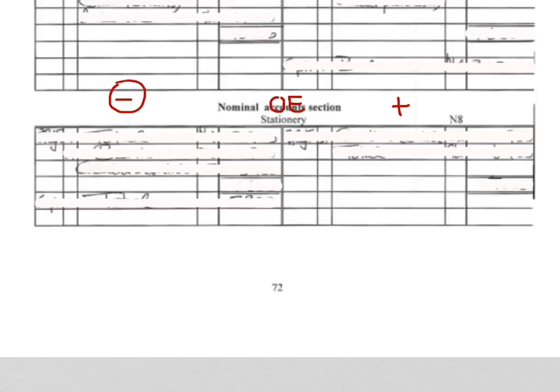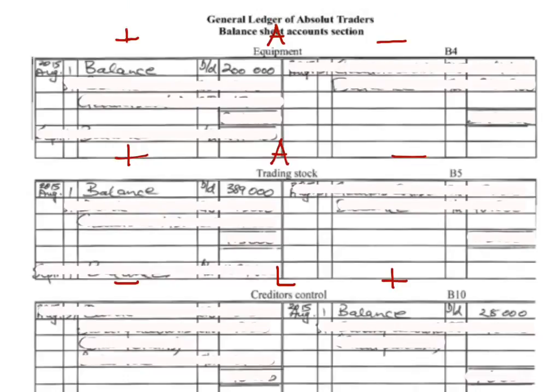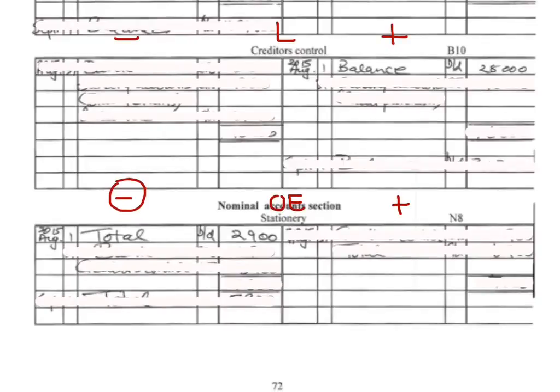Because expenses increase on the debit side, in other words on the negative side of owner's equity, I will say that August 1st has the total brought down of 2,900 on the debit side of stationery. We are then done opening up our accounts: equipment on the debit side, trading stock also on the debit side, Creditors Control on the credit side, and stationery on the debit side again.